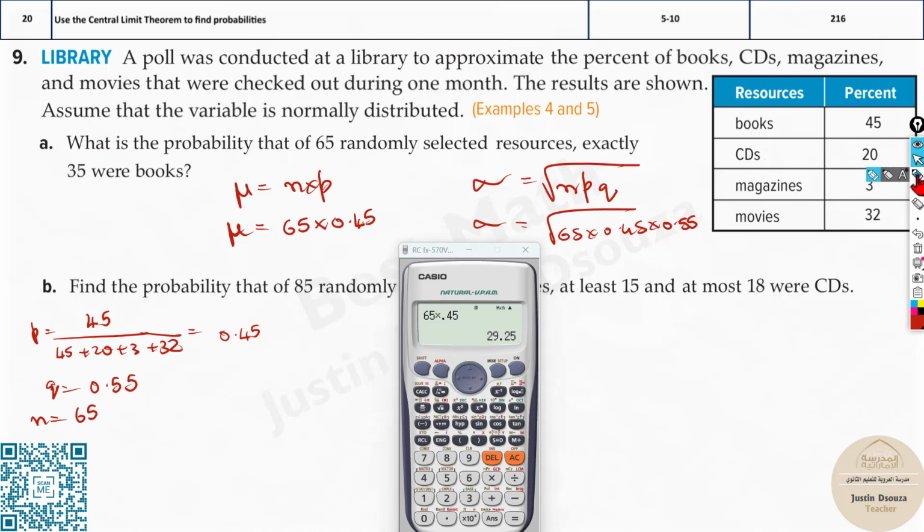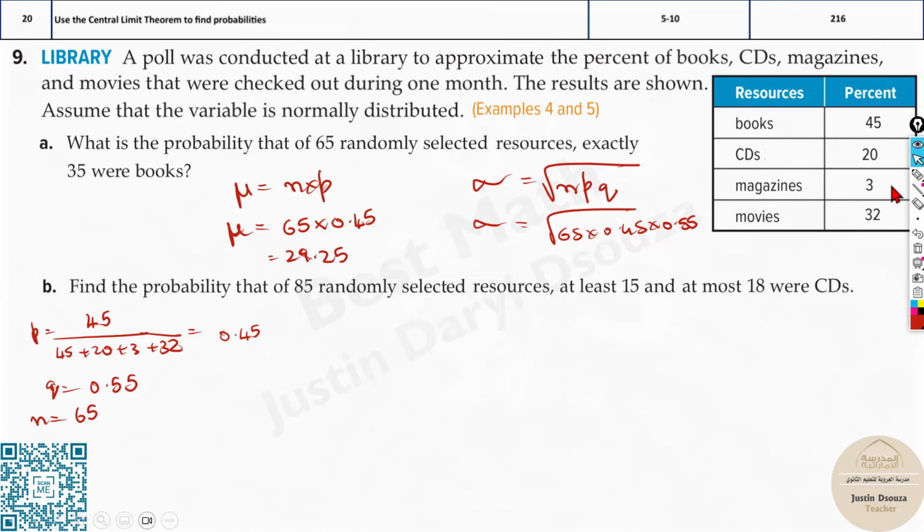The answer is 29.25. That's the mean. And what will be the standard deviation? That is the square root of 65 times 0.45 times 0.55, and that is 4.01. So here the standard deviation is 4.01.